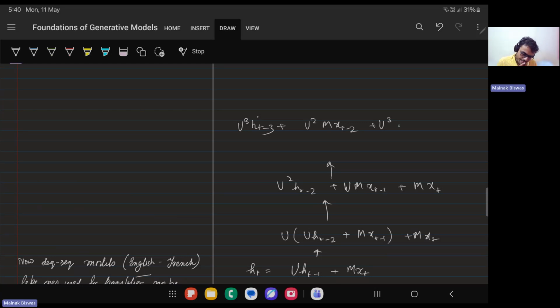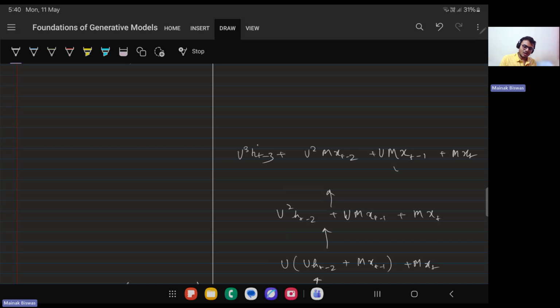Am I doing it correctly? So you can see that this will all end up depending on x_{t-1} all the way to x_0. So x_t depends on x_0 to t minus 1 if trained in an autoregressive manner.